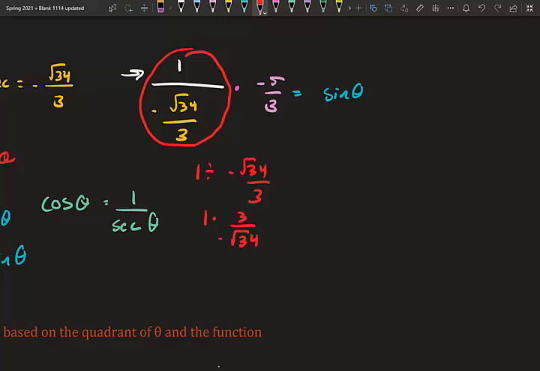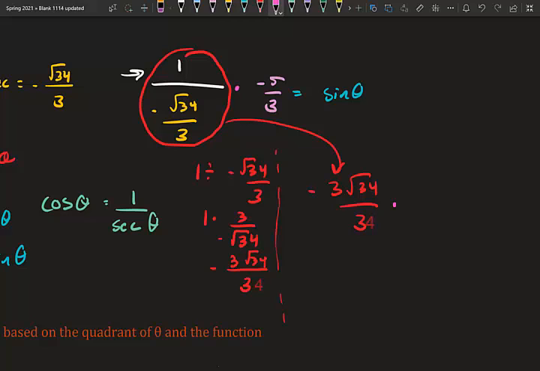So this comes out to negative 3 square root of 34 over 34. So I'm going to just replace that. So this comes out to negative 3 square root of 34 over 34 times negative 5 over 3. And that equals our sine theta.